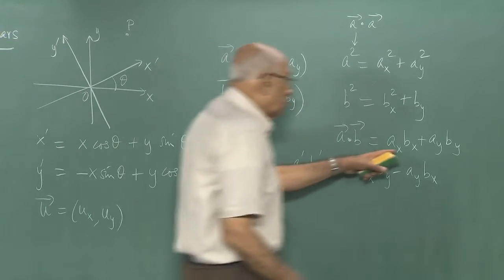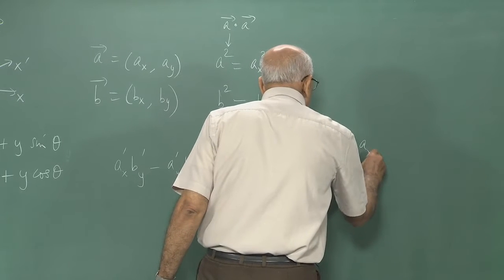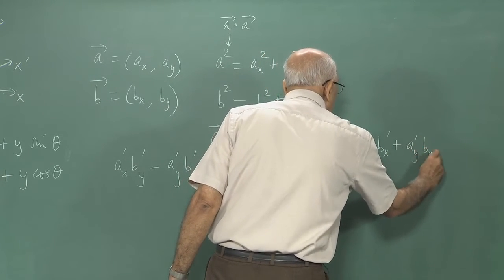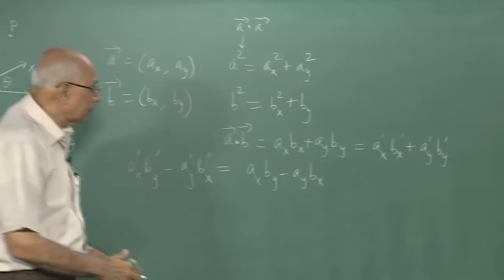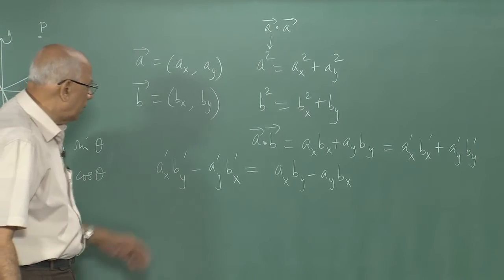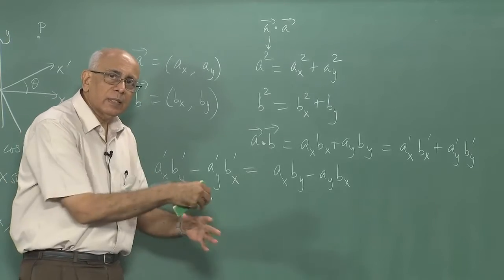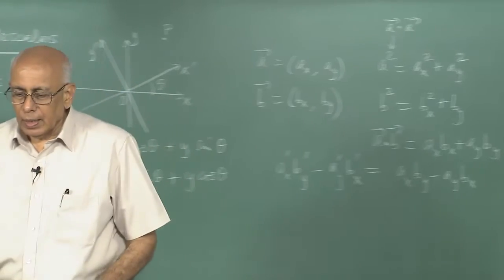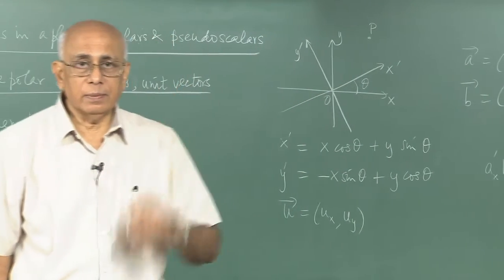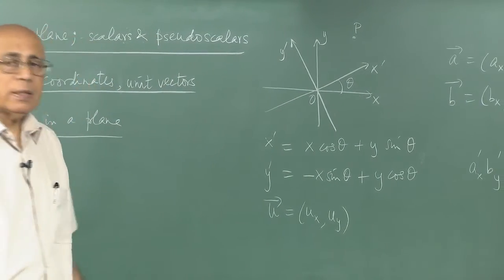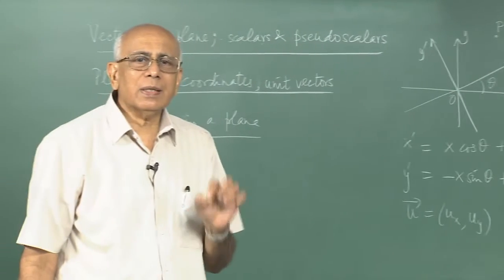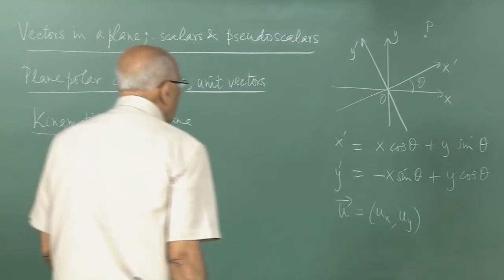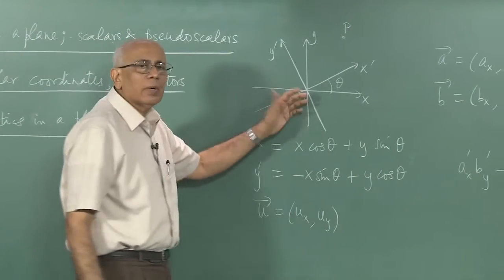So just as this quantity was equal to ax prime bx prime plus ay prime by prime, in exactly the same way, this antisymmetric combination also remains unchanged under rotations, and therefore we would call it a scalar. But it is a slightly different kind of scalar than the scalar we have been talking about, because so far we restricted ourselves to pure rotations.